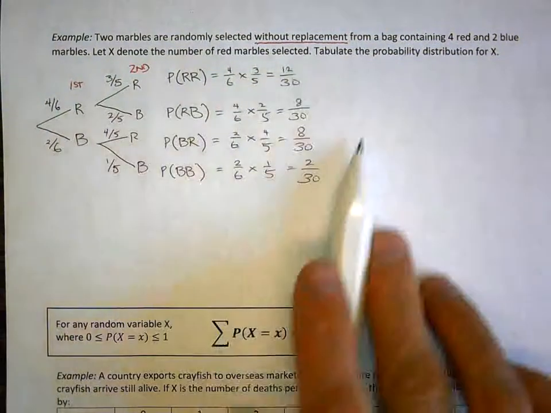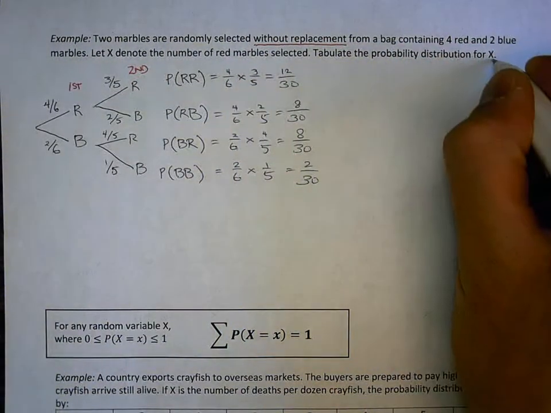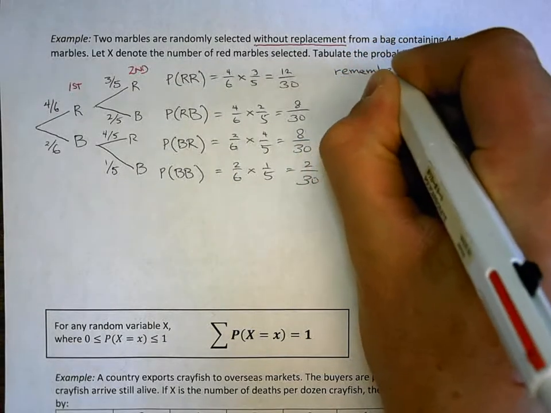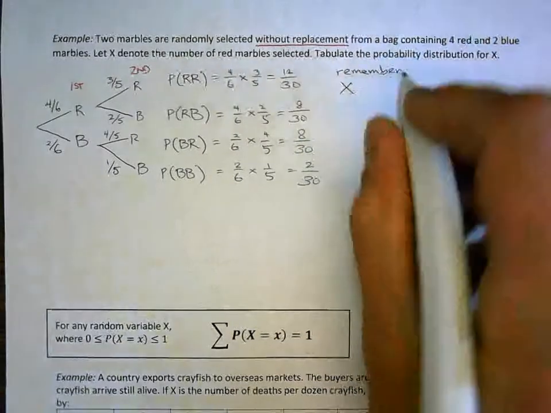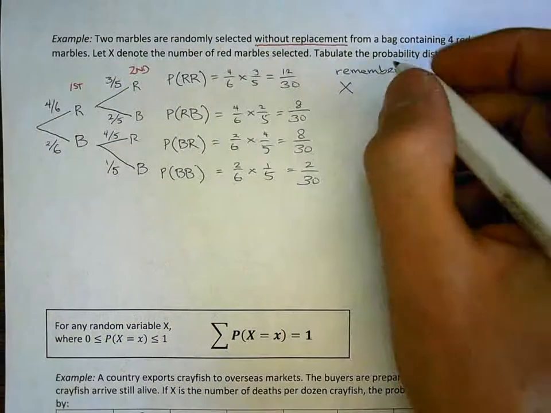So this is the probability question. You guys should know how to do this. But now we're talking about a probability distribution for big X. So let's just remember, X is a random variable, which is, in this case, the number of red marbles selected.